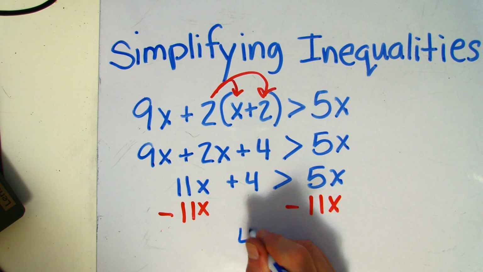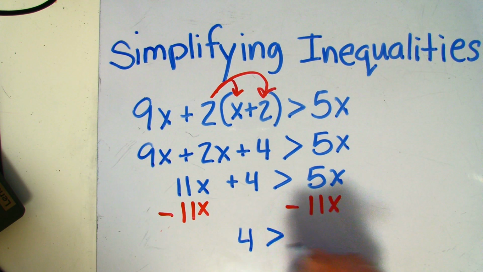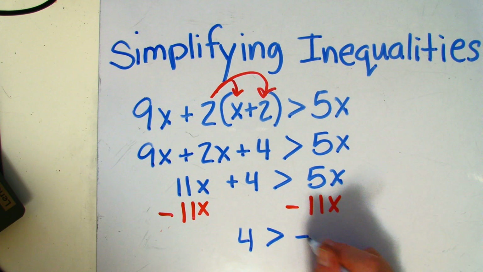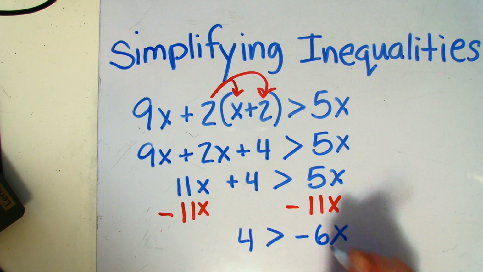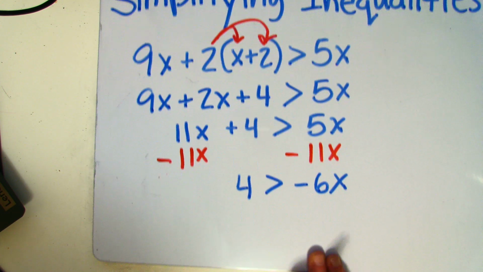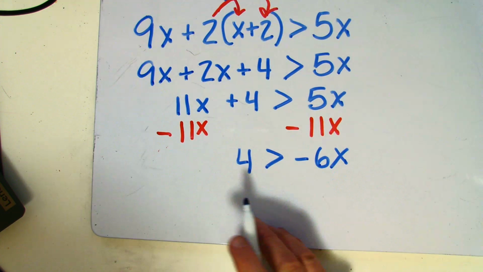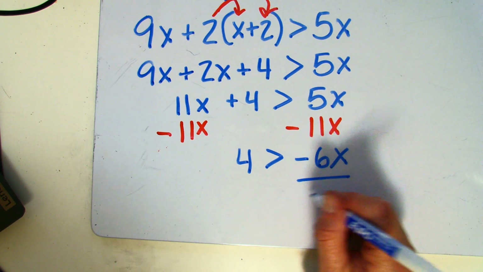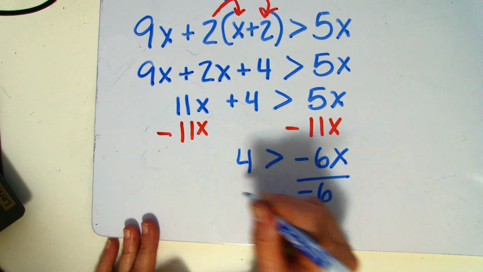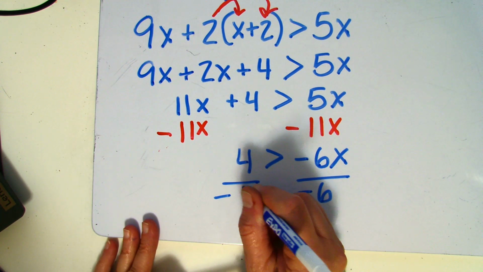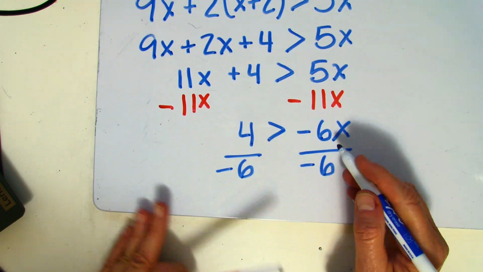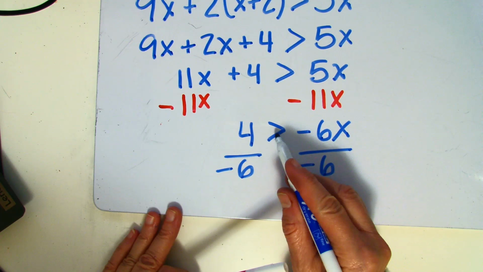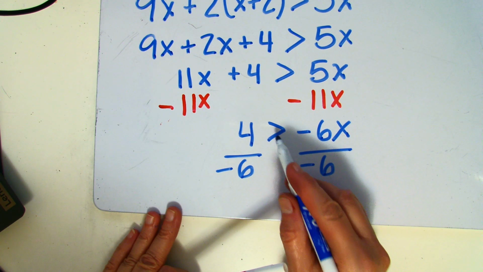I'm going to be left with 4 is greater than a negative 6x. Now in this case, I'm going to divide by negative 6 on both sides. And again, because I'm dividing by a negative number, I'm going to change or reverse the symbol.